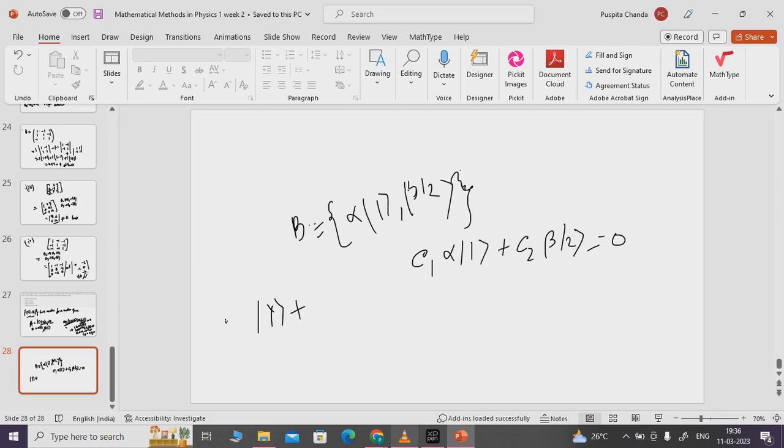Some combination of v1 and v2 is 0, this is given.